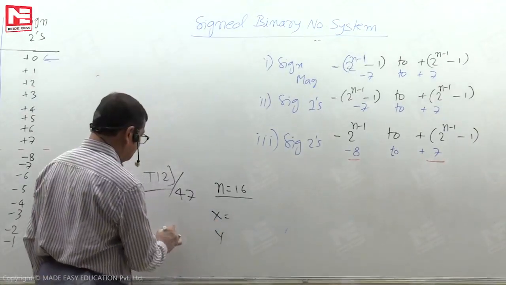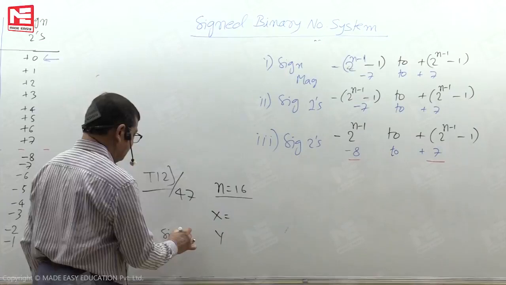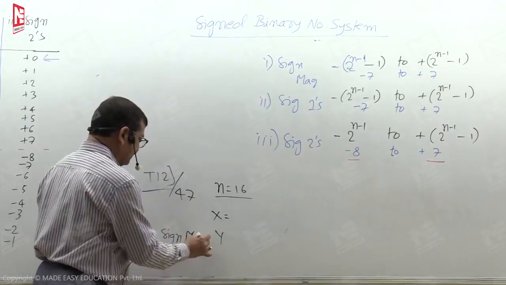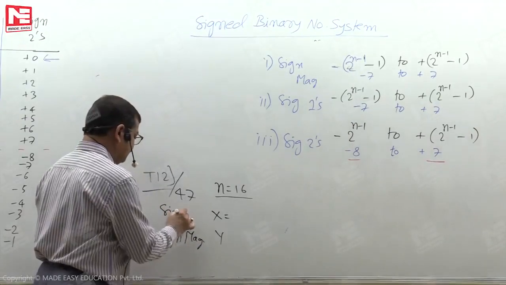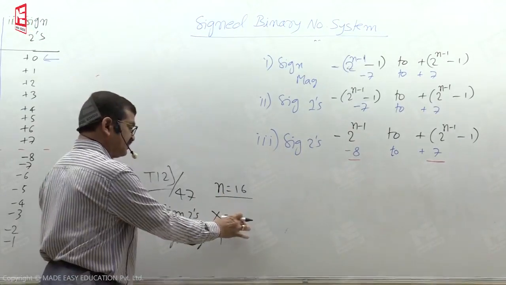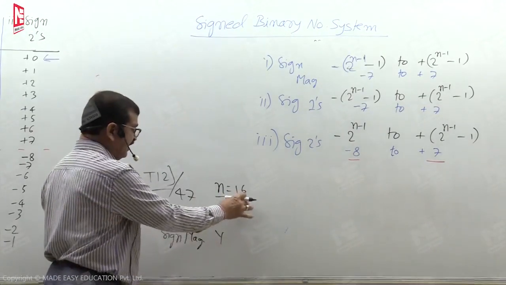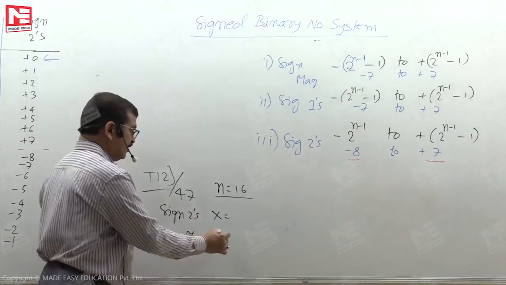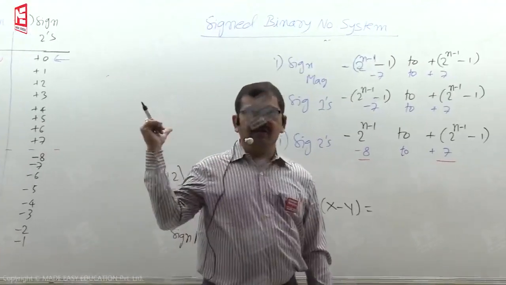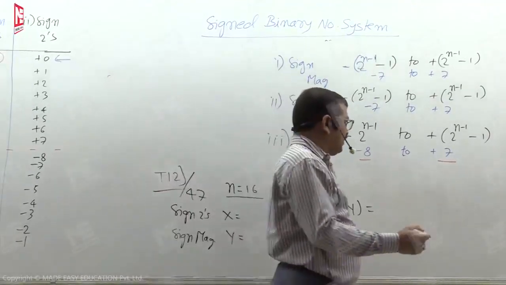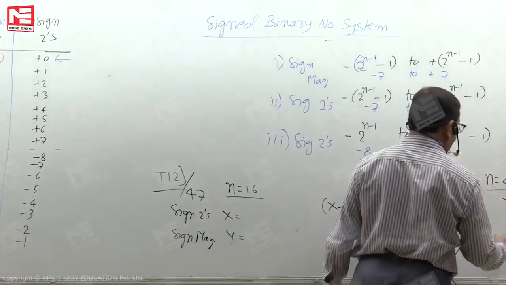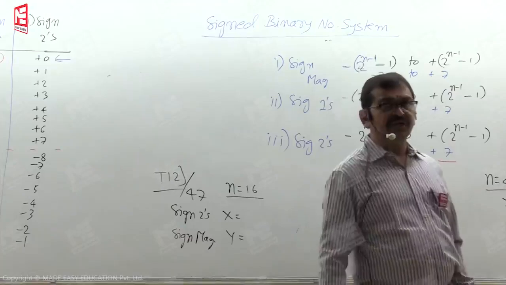So there are x distinct integers in 2's complement notation.